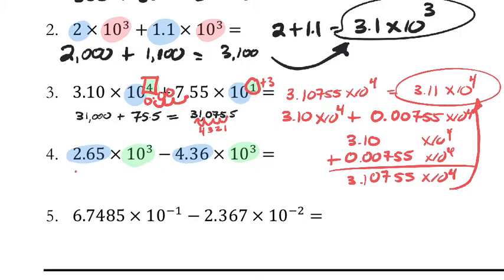So what you could do is take the 2.65 and subtract 4.36 from it. Good luck with that one. That's kind of messy. So what you should do is just take 4.36 and subtract 2.65 from it, even though that's the reverse order that we see in problem 4.